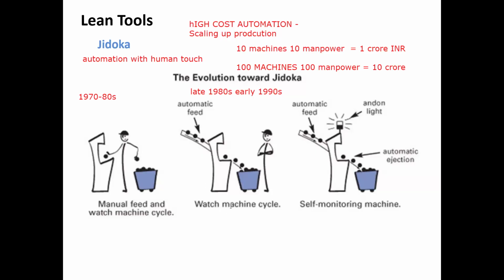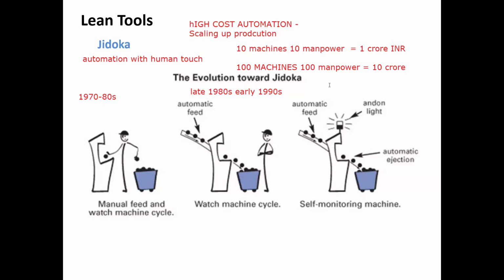This is what we call the next stage, the watch machine cycle. He has to only watch whether the machine is running within the right setting. So his productivity and quality increased many times. If one operator was operating one machine in the earlier stage, now the same operator can take care of around 5 to 7 machines.